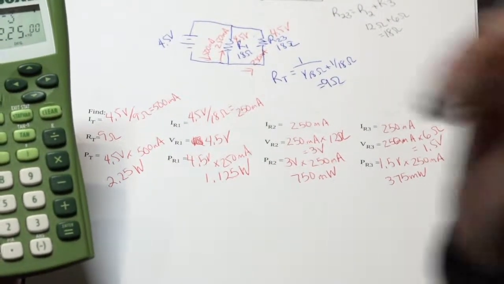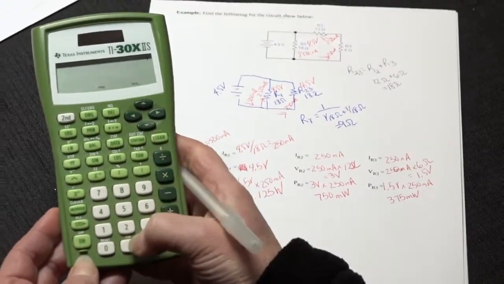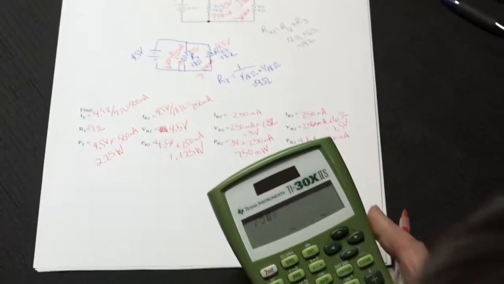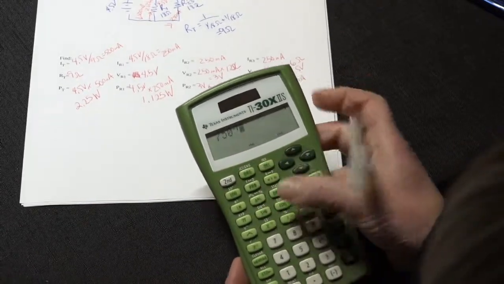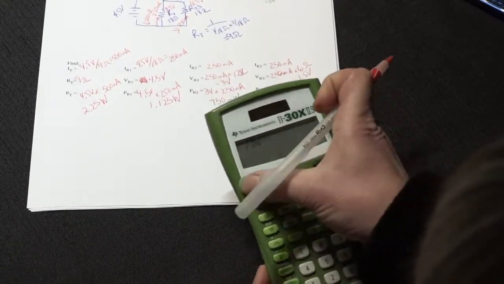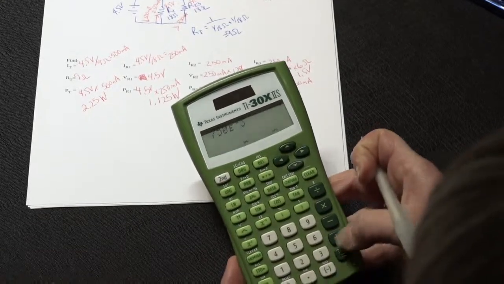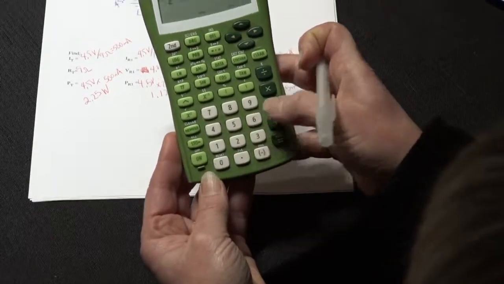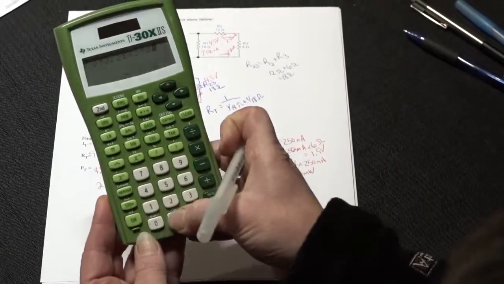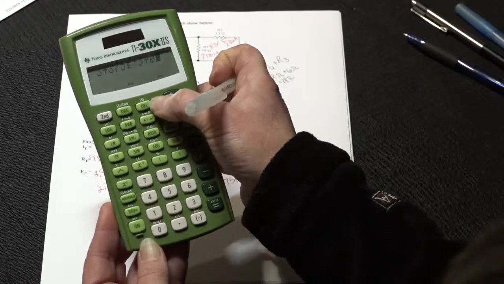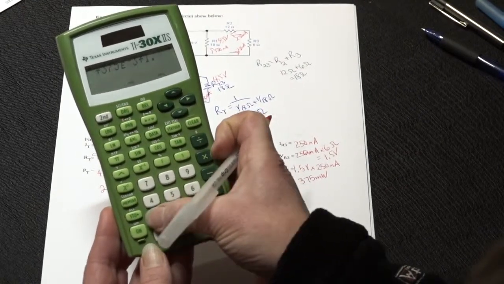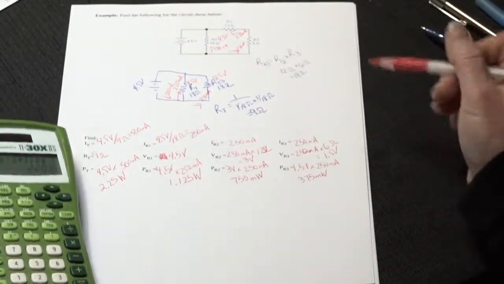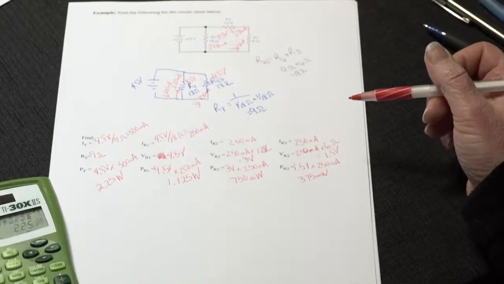So let's make sure that these add up. 750 milli plus 375 milli plus 1.125 gives us 2.25 watts. So that one looks good.